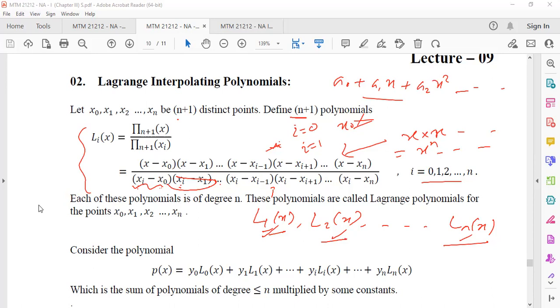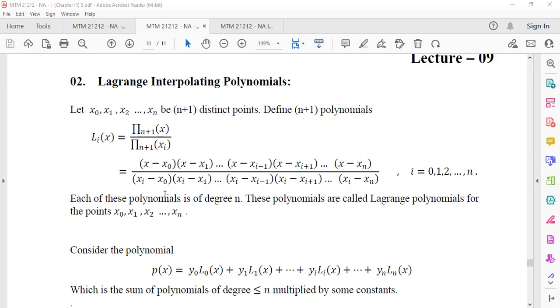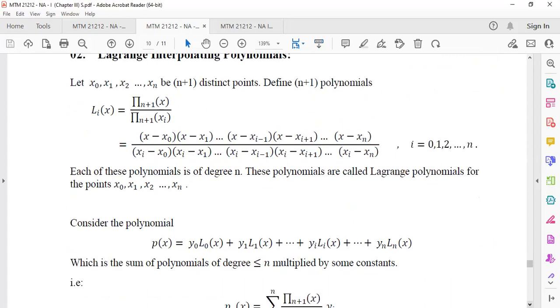Each of these polynomials is of degree n. For example, if you have n plus 1 points, you will have n plus 1 polynomials. Let's say my Pn, with n equal to 3, so 0, 1, 2, 3.